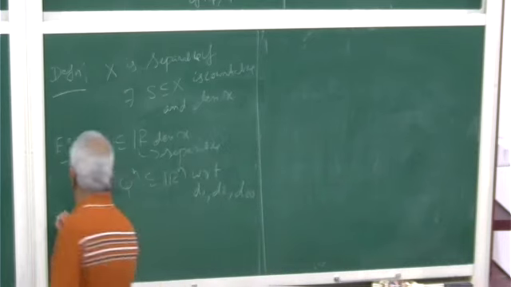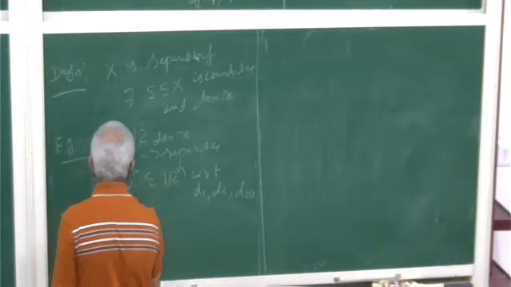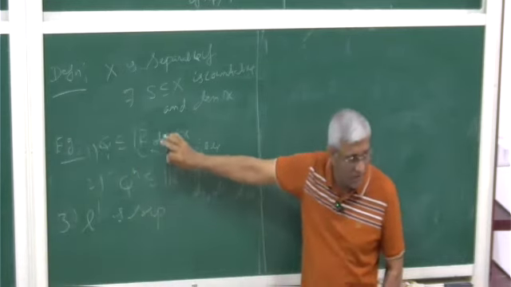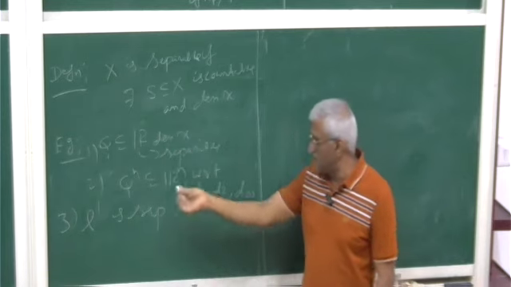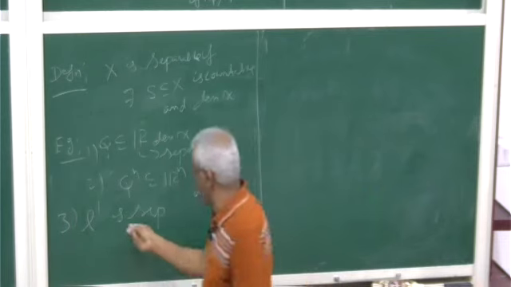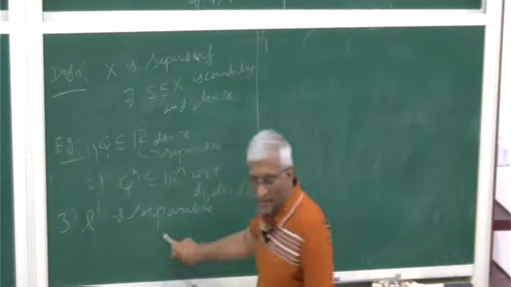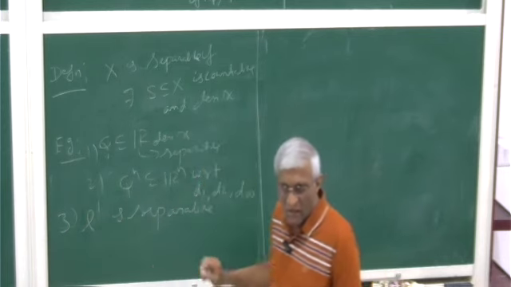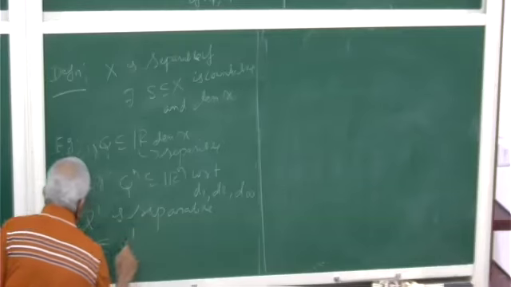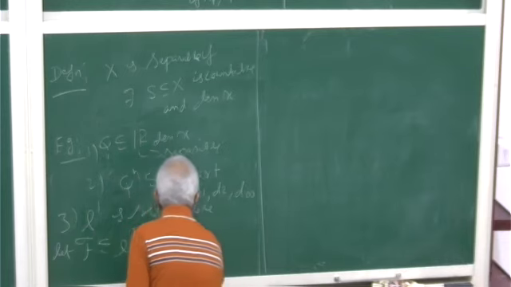Now a little bit of work is needed to prove that L1 is separable. I assume these two are clear, so I don't need to say anything more. This is because convergence here is basically coordinate-wise convergence, but here it's not true. So L1 is separable, and I need to prove this. To prove that, let this be equal to all sequences.